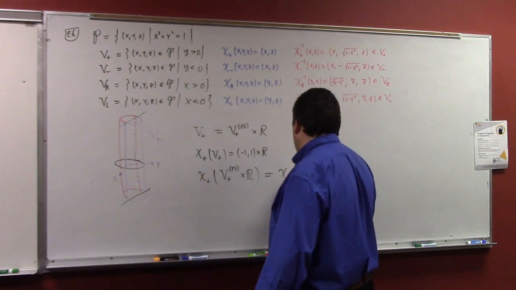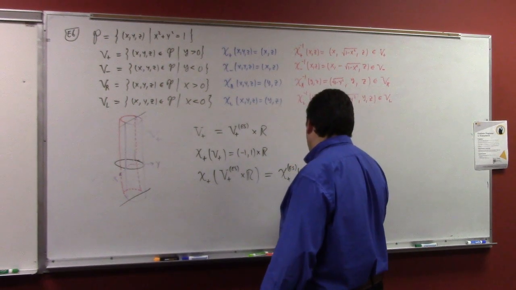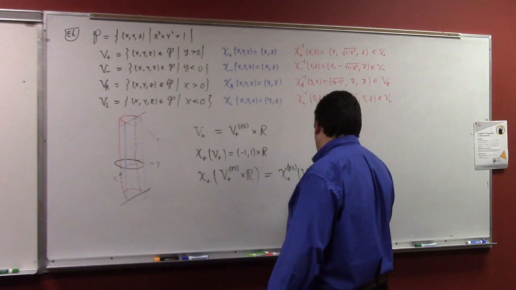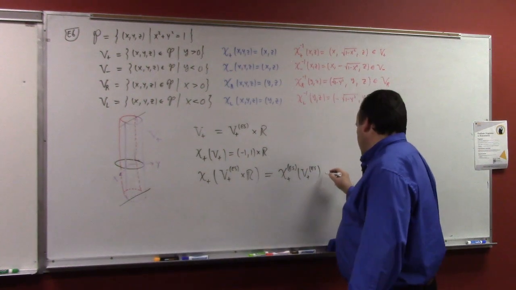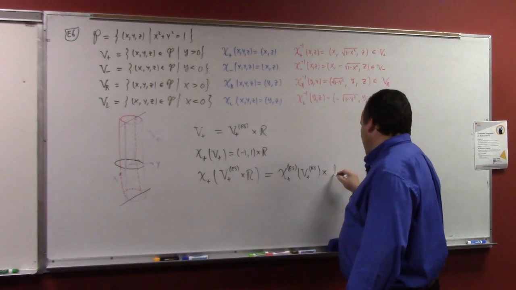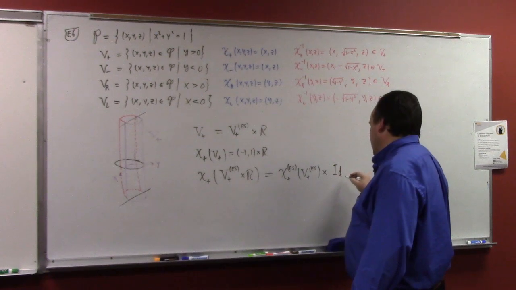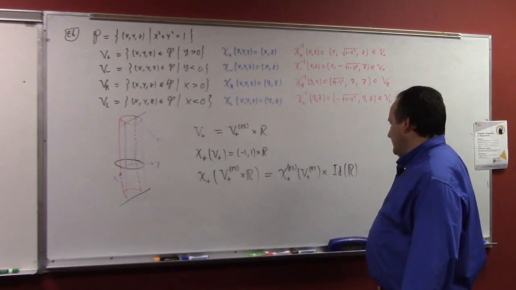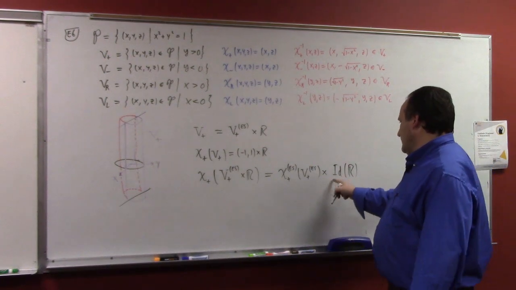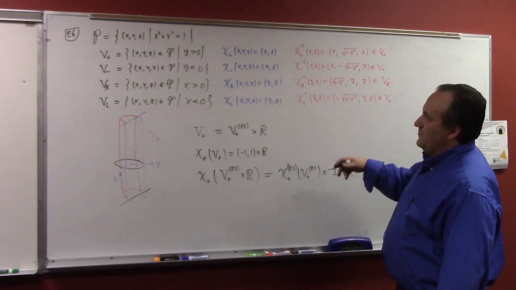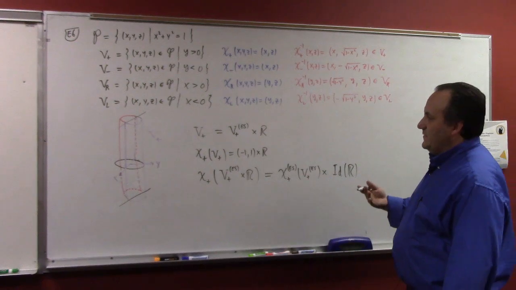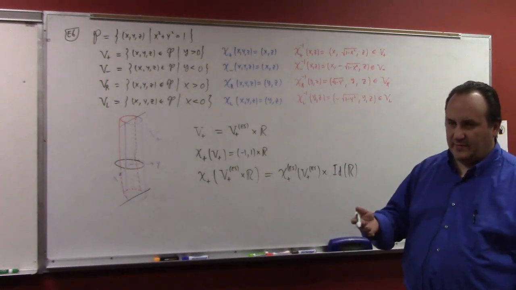We're doing chi plus from example 5 acting on V plus from example 5, Cartesian product with the identity map acting on R, right?